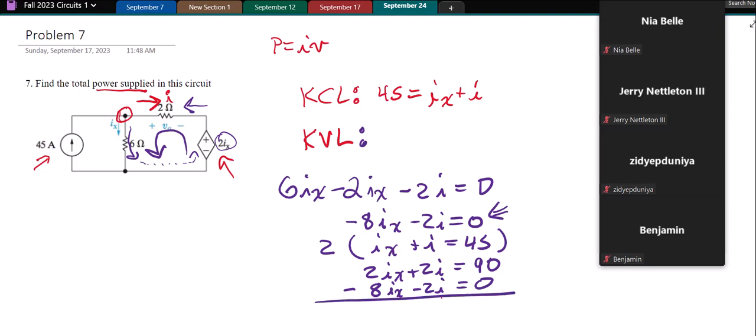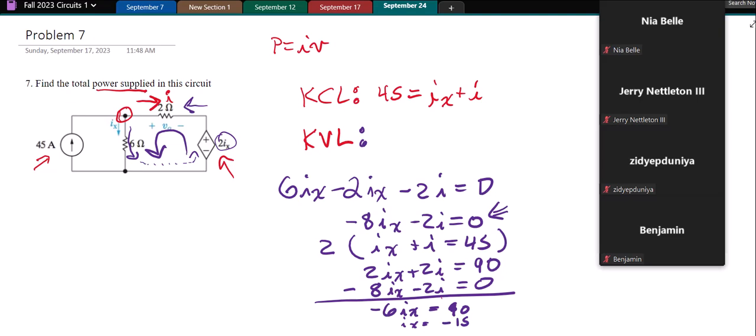And when I add these, I get negative 6IX equals 90. IX equals negative 15.